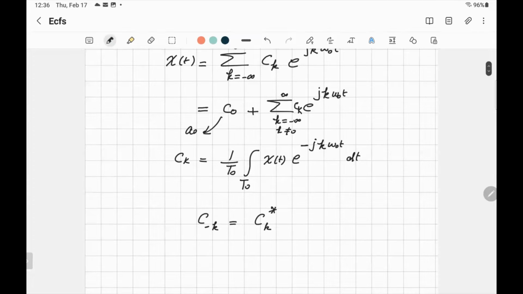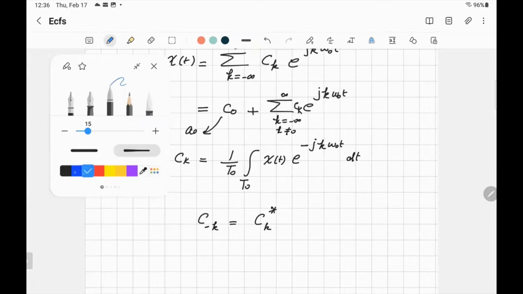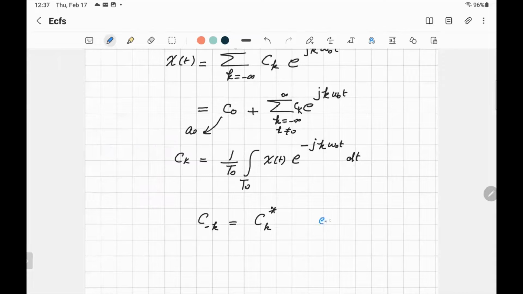What does it mean? Say you found c_k equal to 3 plus j4. In this case, if you want to find c minus k, you don't do the integration in this formula. You just take the conjugate, which is 3 minus j4.